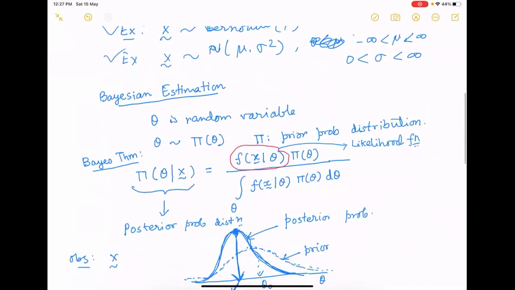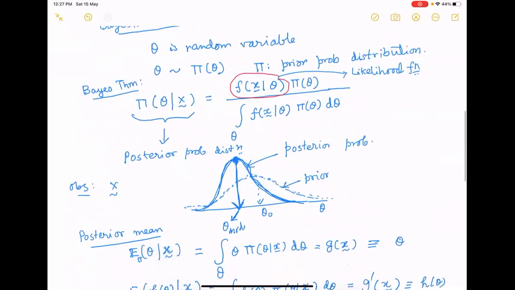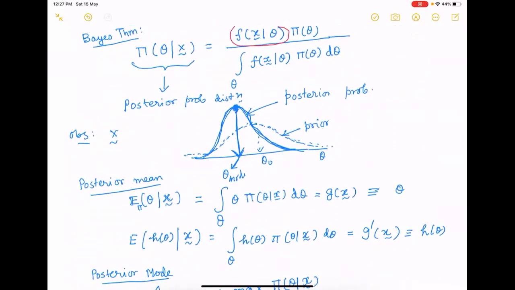Now, the problem is: does this mean I have to solve effectively this one? This is a 5-dimension problem. Solving this integration is a 5-dimension problem. If my theta is 5-dimension, solving this integration is a 5-dimension problem, and the answer is yes.